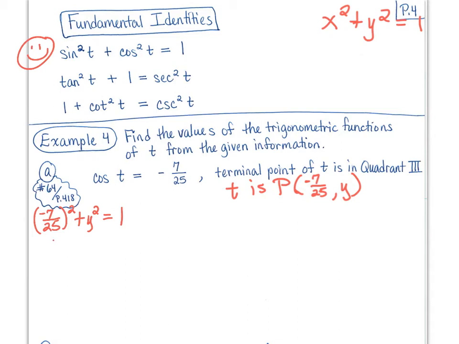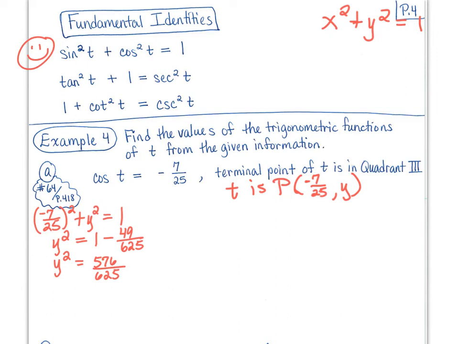So that means y squared is going to be equal to 1 minus, when you square negative 7 over 25, you get 49 over 625. But we're subtracting it now because we're moving it to the other side. So you get minus 49 over 625. Well, this means that y squared is equal to 576 over 625.